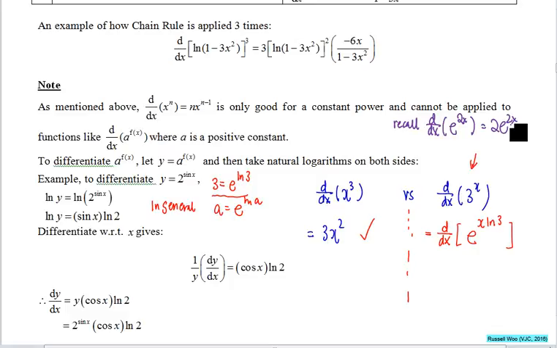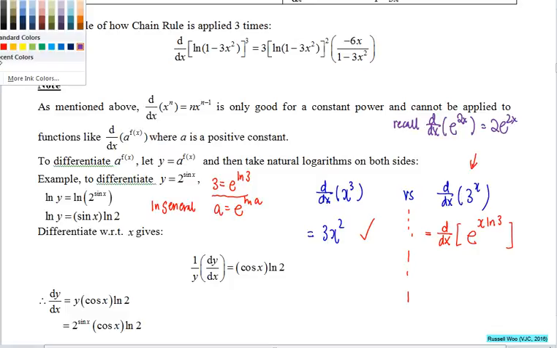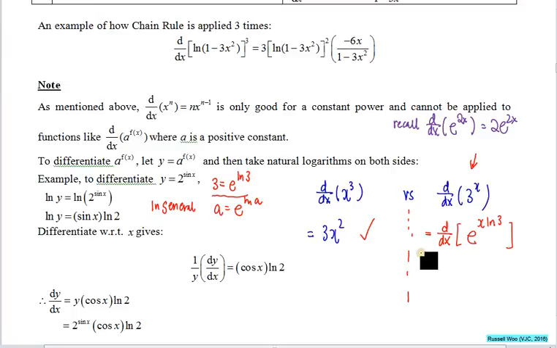So now, what is this? ln 3 is just a number. So it is not difficult to say that applying the chain rule, you will get a ln 3 outside, e^(x ln 3). Make sense? Now, what is e^(x ln 3)? e^(x ln 3) is actually 3^x.